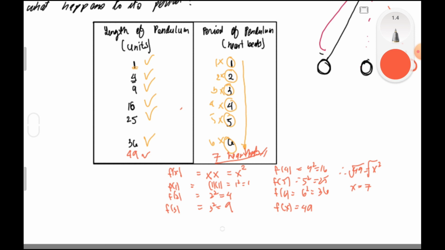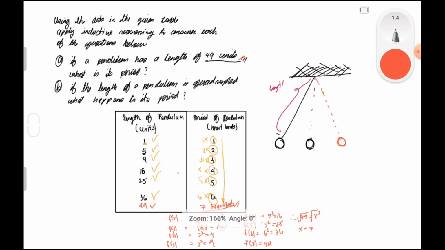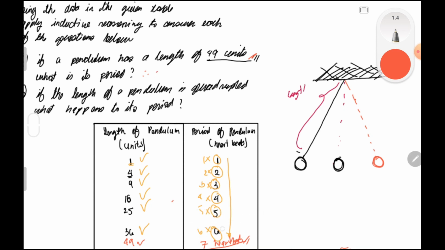Okay? So second, so lalagay ko dito since the length of pendulum is equal to the period squared, therefore I may say that at 49 units, which is equal to period squared, okay, so I will have a period equal to 7 heartbeats.